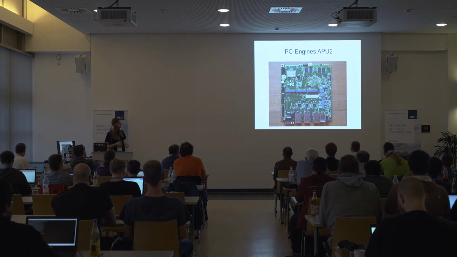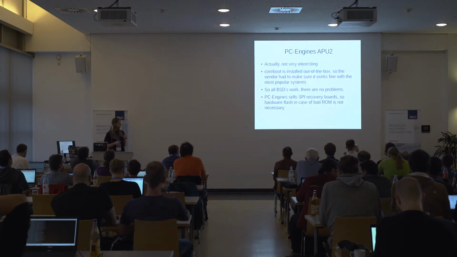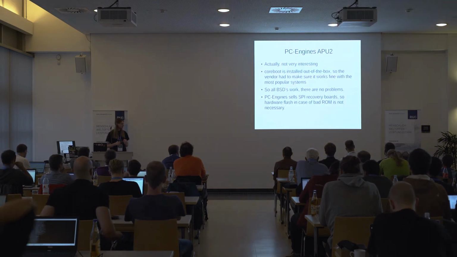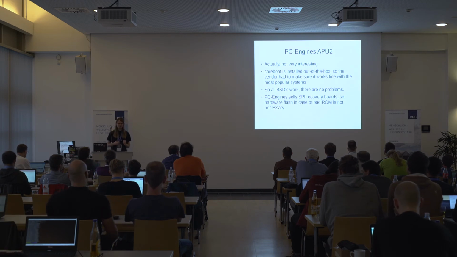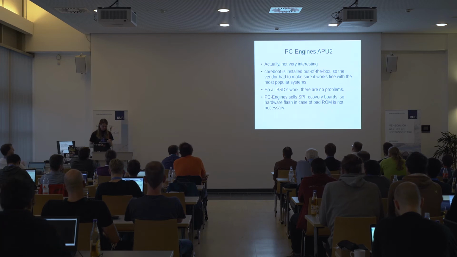So, the first board is PC Engines APU2. Actually, it was very nice. You can thank Piotr Kubaj for the experience here, because I didn't have any problems. I had some problems with NetBSD, but I don't talk about it here. OpenBSD and FreeBSD were just fine.